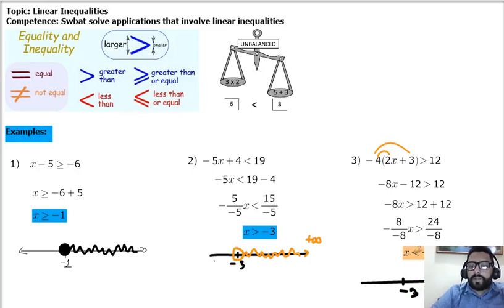So we take here, and this is going to be open because we don't have the line under. So we put open here, and this one tells us the direction of the inequality, or the solutions that we need to take. In this case, we need to take to the left, or say until negative infinity.